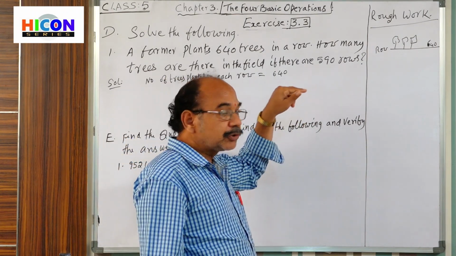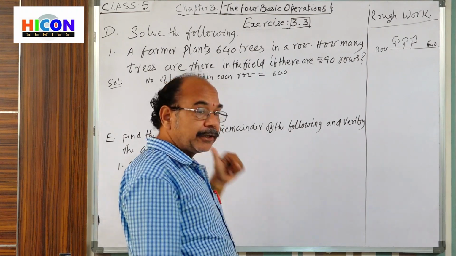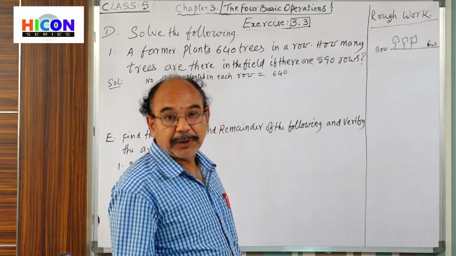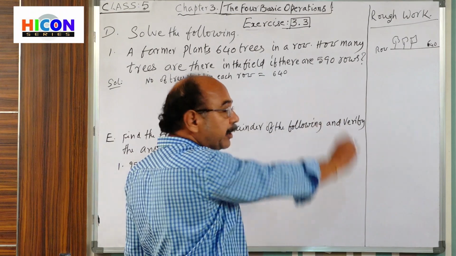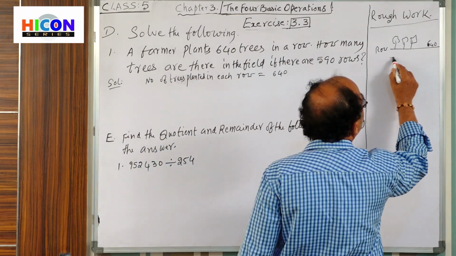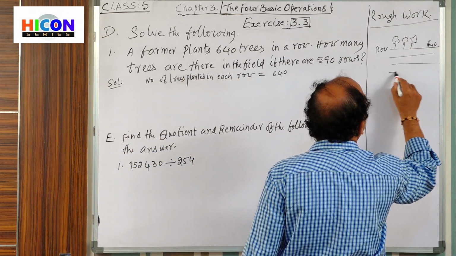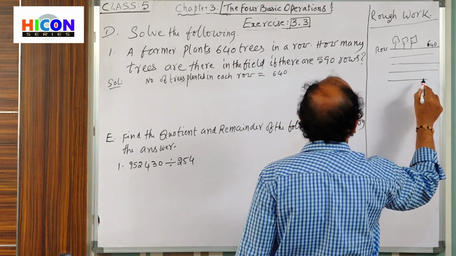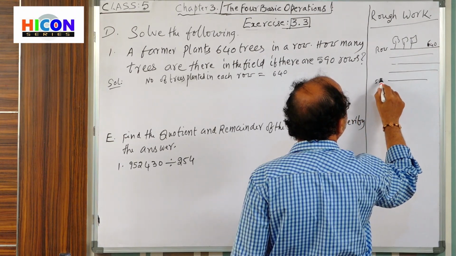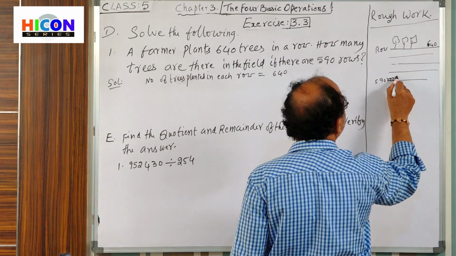In how many rows did he plant the trees? 590 rows. How many rows? 590 rows.